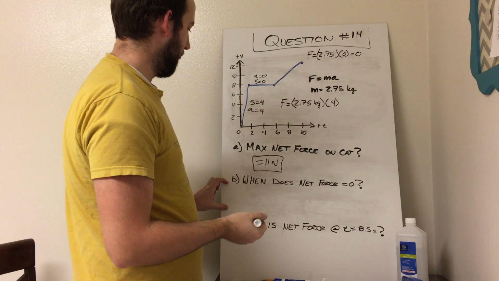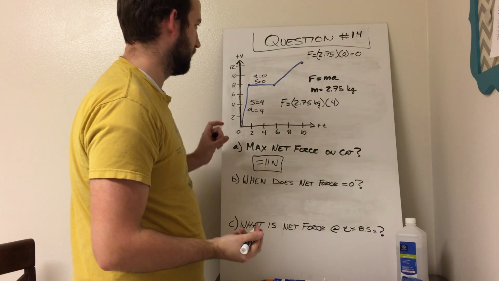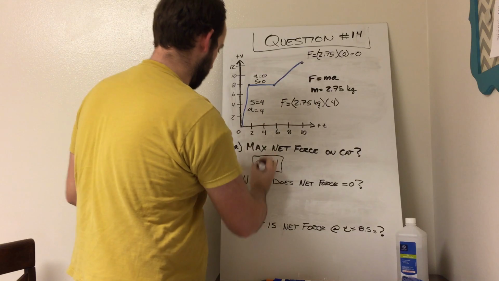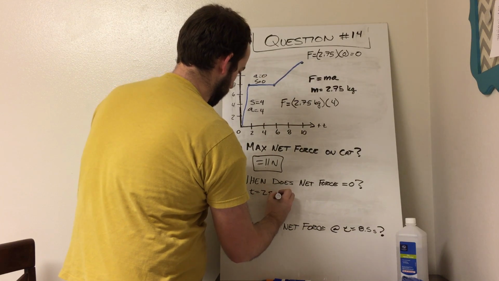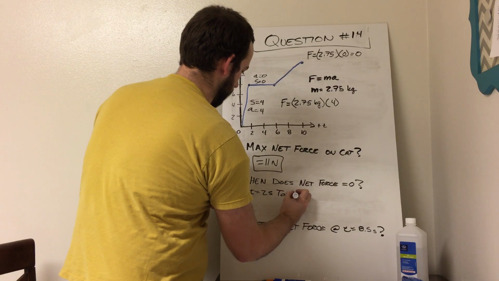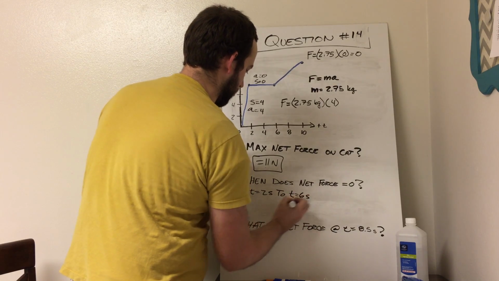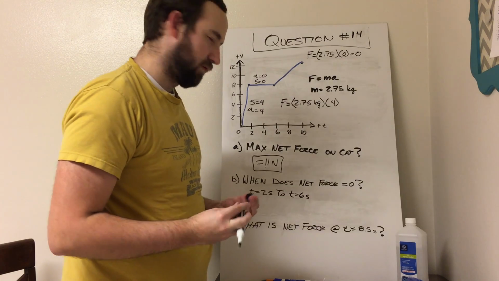So the answer to part B is that the net force equals 0 from t equals 2 seconds to t equals 6 seconds. And that's it for part B.